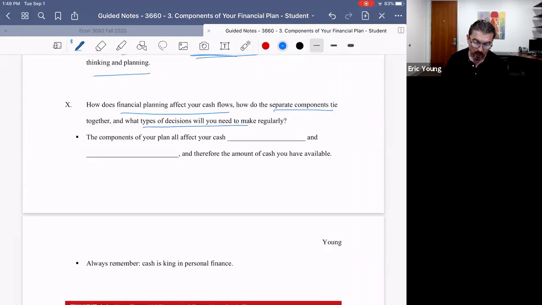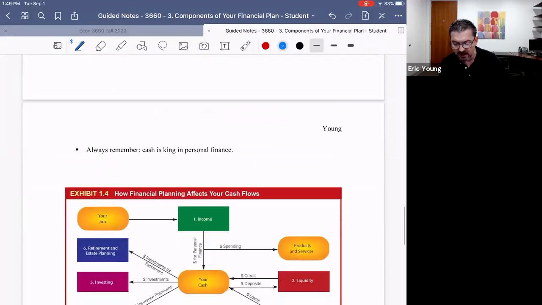The components of your plan all affect your cash inflows and your cash outflows. So really, cash and cash inflow and outflow is the binder, is the glue in this comprehensive plan. Therefore, the components of your plan will ultimately affect the amount of cash you have available.